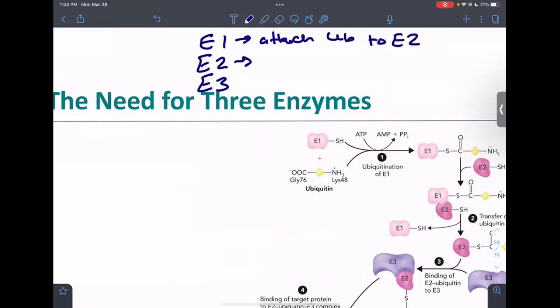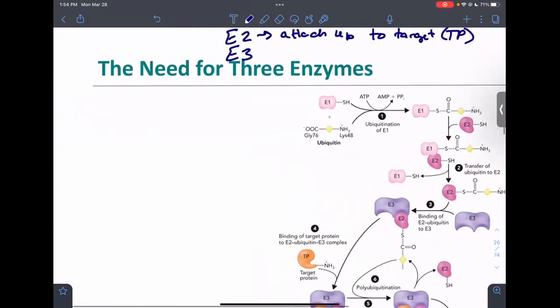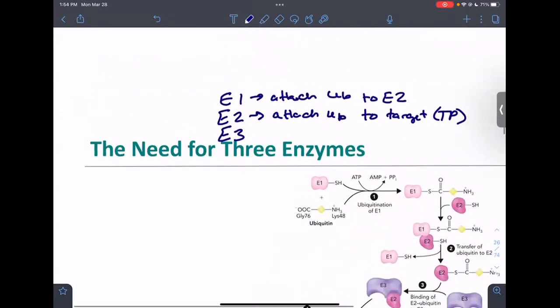Once you have E2, E2 is going to attach the ubiquitin to whatever your target is. And they say TP, I believe, is their target protein. Yeah, there's your target protein. And then E3 is going to facilitate ubiquitination of the target proteins by forming a complex. So we call this one the ubiquitin ligase.